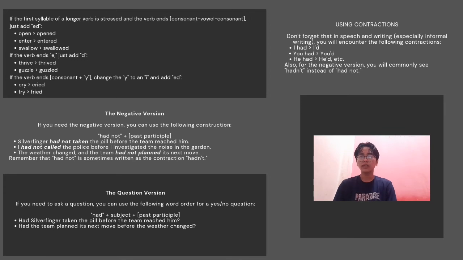But don't forget that in speech and writing, especially in formal writing, you will encounter contractions like the example above. And also for the negative version, you will commonly see hadn't instead of had not.